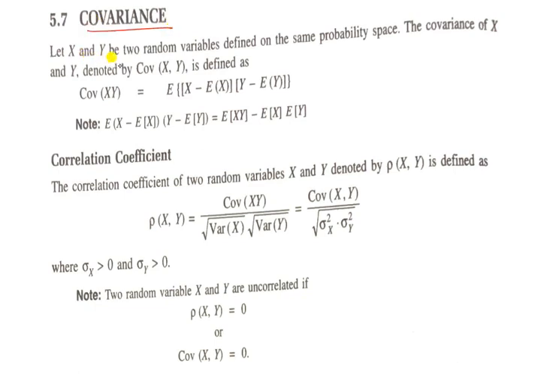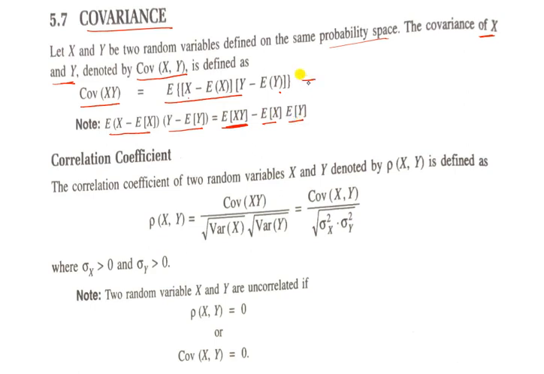And the covariance. Let capital X and capital Y be two random variables defined on the same probability space. So the covariance of random variable X and random variable capital Y, denoted by covariance of x comma y, is defined as covariance of x comma y is equal to expectation of (x minus E x)(y minus E y), and this is equal to expectation of x y minus expectation of x into expectation of y.